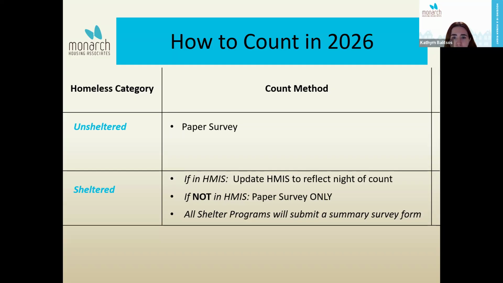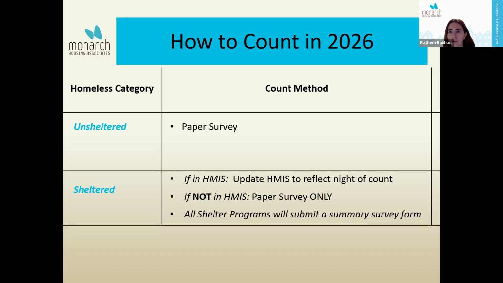Okay, I see Amanda, you have your hand raised and I'll allow you to talk. Hi. For sheltered families, where can we find the summary survey form? The summary form would be sent out by your shelter itself. If you need one, please send an email to Casey asking for it to fill out.